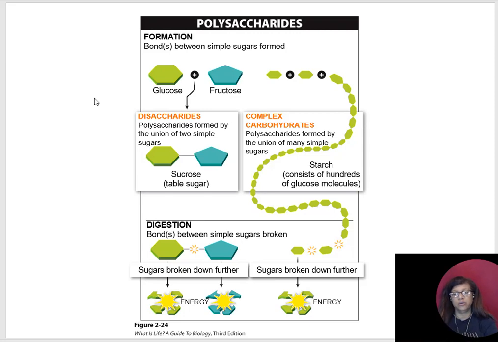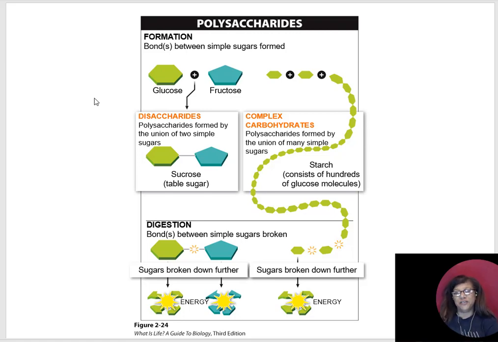Di means 2, okay? So if I put 1 glucose and 1 fructose together, that's 2 molecules, I made a disaccharide. If I chain a bunch of them together, I've made a polysaccharide, many sugars, okay? So that's the terminology. Really super easy to understand.